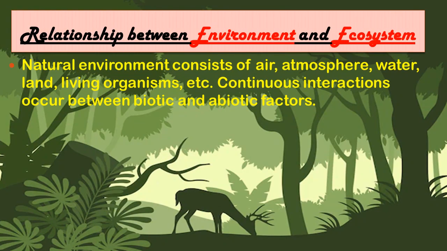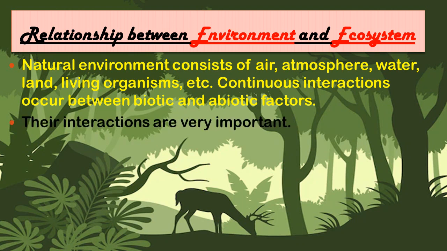Now the natural environment consists of air, atmosphere, water, land, living organisms, etc. Continuous interaction occurs between biotic and abiotic factors. That means the components of the natural environment, air, atmosphere, water, land, living organisms, are in continuous interaction with each other, and this interaction is very important.